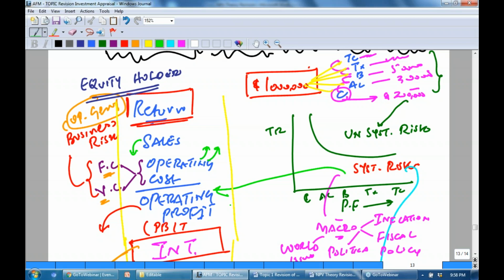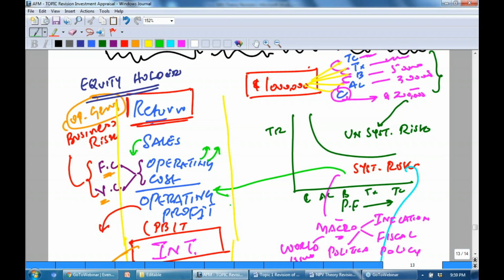So, Mr. Investor, if you come with Toyota, I will give you the return against the systematic risk in the same manner as Honda, Hyundai, Mercedes, and other companies in the industry. This is the first point.